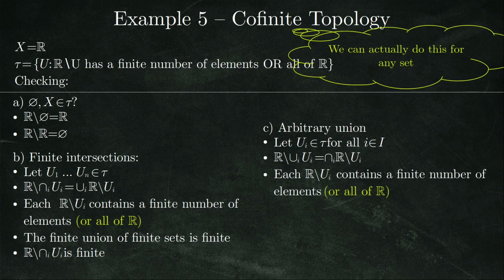Now, each complement contains a finite number of elements, or all of R, but that doesn't matter since we're intersecting. So if we keep intersecting a load of finite sets, even if we're intersecting an infinite number of times, each of them is finite, so what's in all of them must still be a finite number of points. And hence, the arbitrary union is also open.